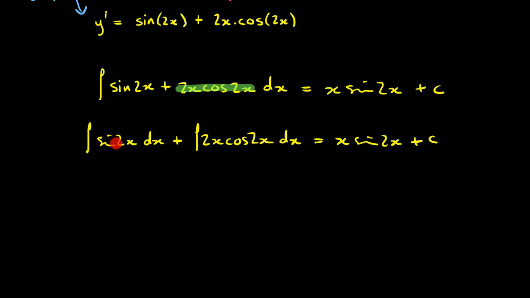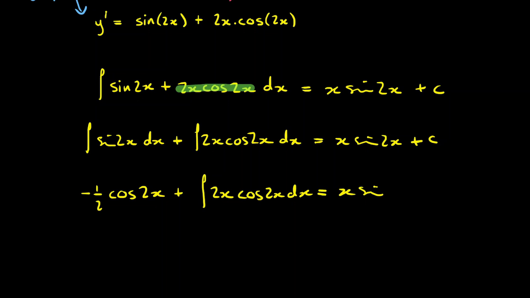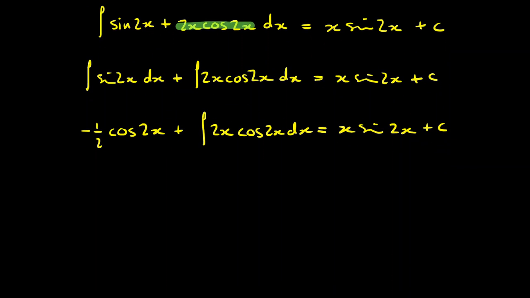And then we've got to look at that coefficient 2. We've got to divide through by 2. So we're going to get negative a half cos 2x plus this thing here, which is the integral we're after, is equal to x sine 2x plus c. Well, then if we want to get this term all by its own, I need to take that half cos 2x and bring it to the right-hand side.